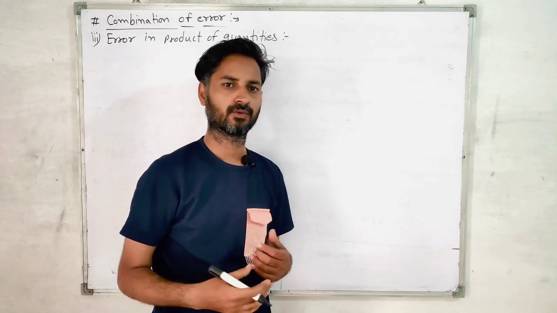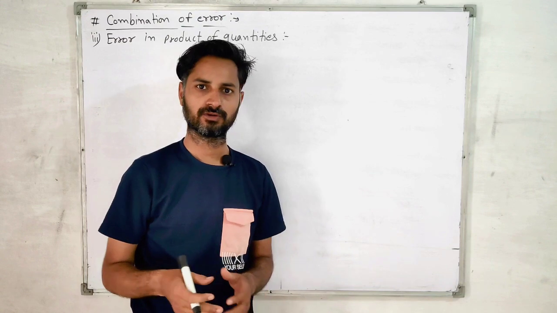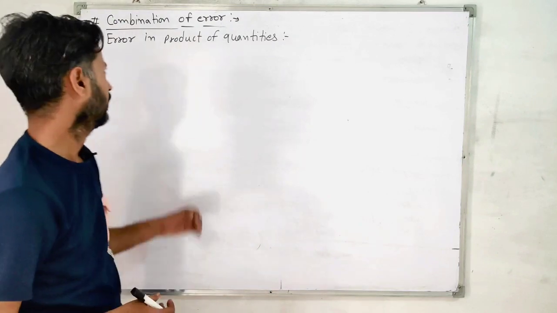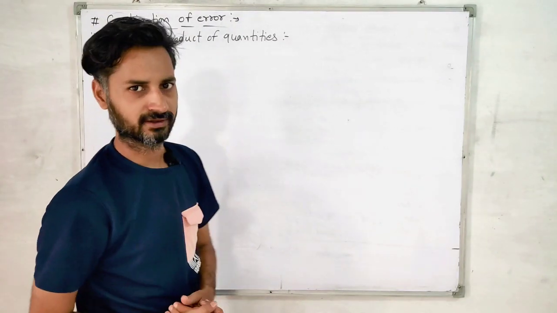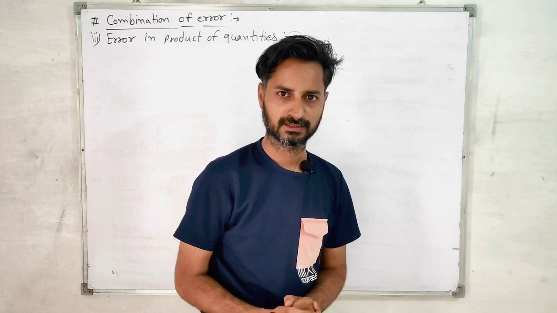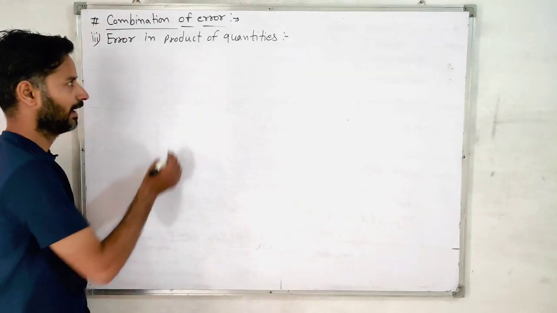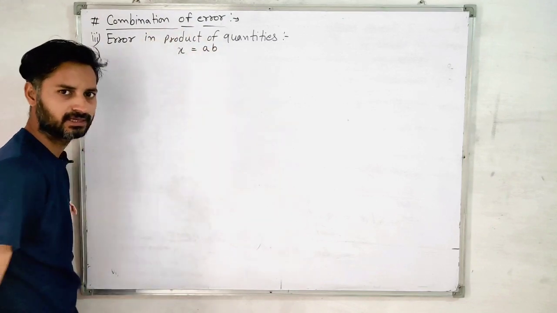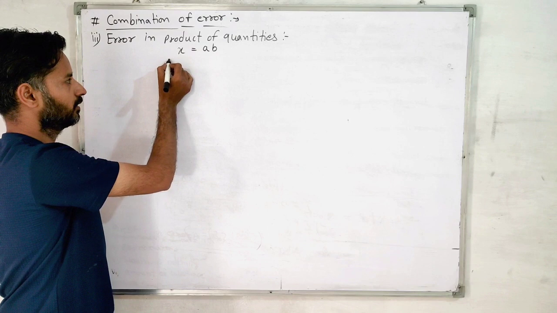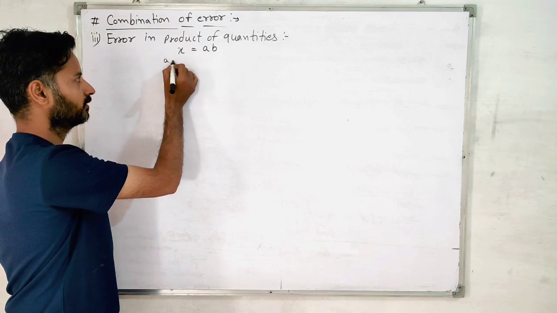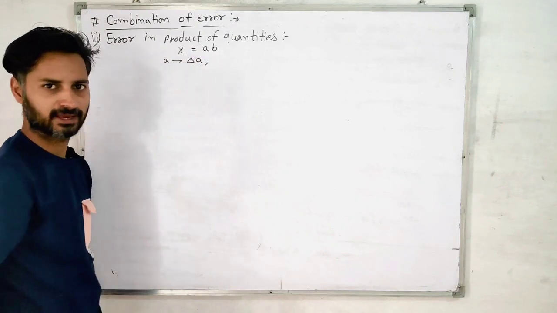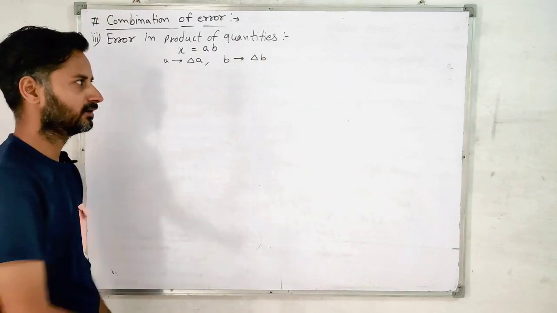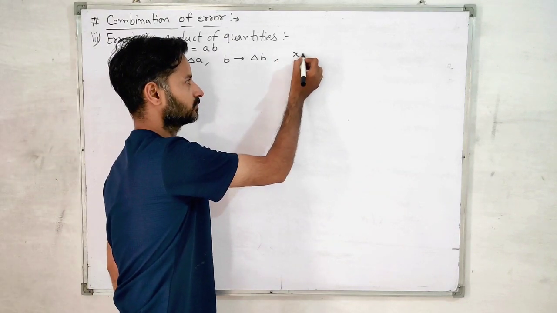As I told you, the error for the sum of the quantities and the difference of the quantities will be the same, and similarly the error in the product of the quantities and the division of the quantities will be the same. Let physical quantity x equal a multiplied by b, the absolute error in a is del a, the absolute error in b is del b, and the absolute error in x is del x.